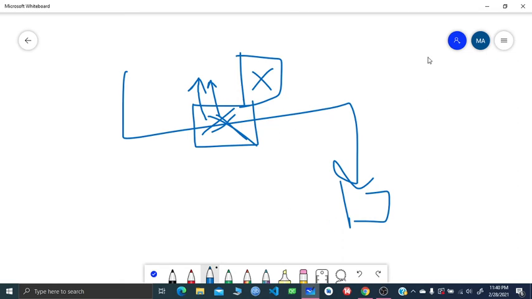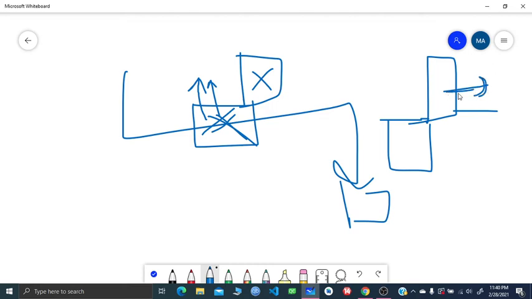I could also make this blockage move two times right, or two times wide. Okay, so that's how I can do that.